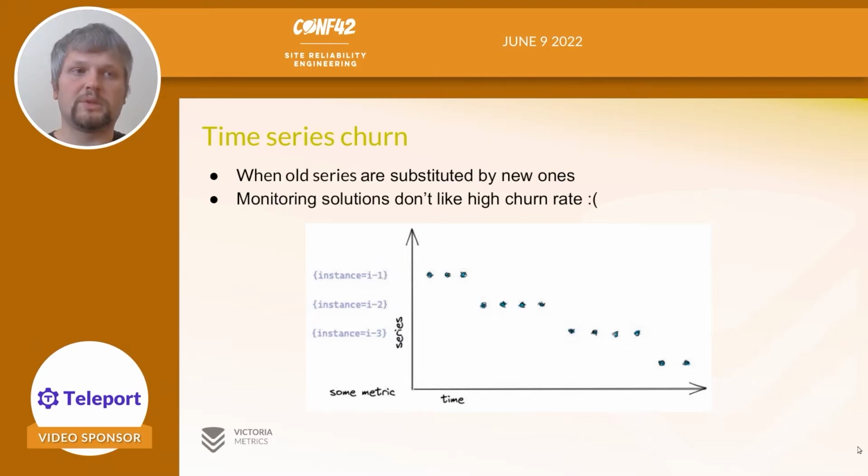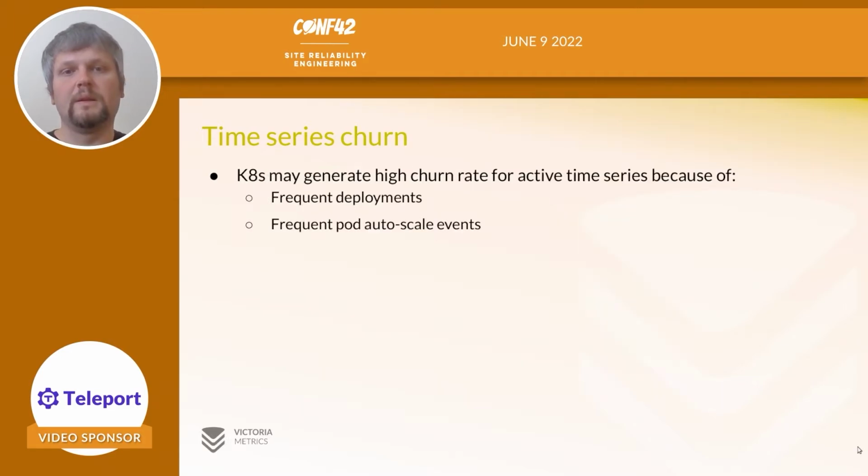Another issue with Kubernetes monitoring is time series churn, when old series are substituted by new ones. Monitoring solutions don't like a high churn rate because it leads to memory usage issues and CPU time issues. Kubernetes tends to generate a high churn rate for active time series because of 2 things.